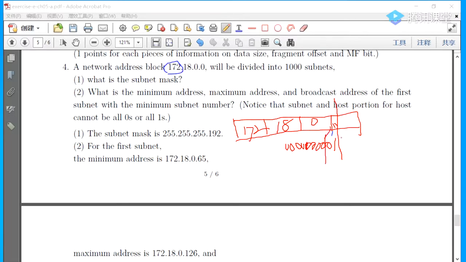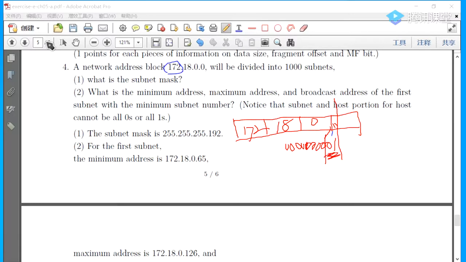0, 1, right? Then this is bits 0, 1. Notice that the subnet and the host portion cannot be all zeros or all 1s, right?